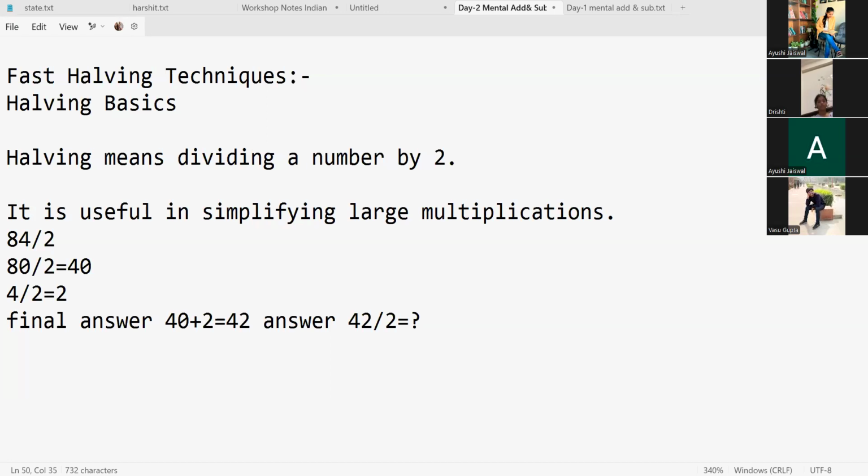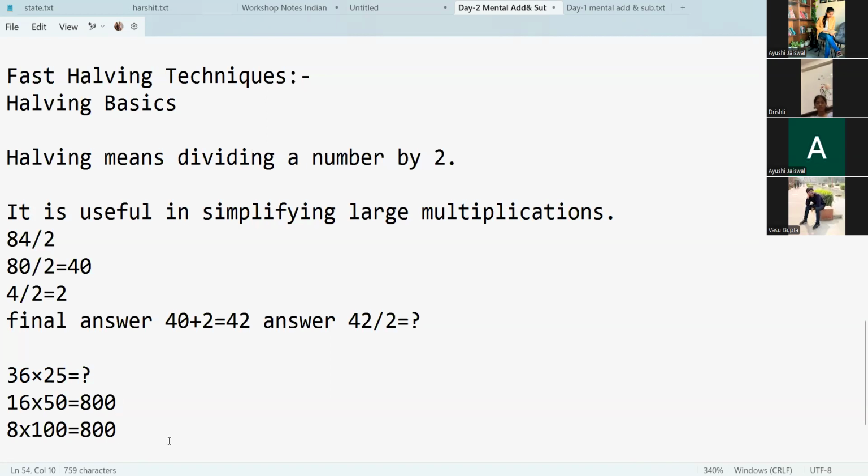For example, 36 multiplied by 25. Half of 36 is 18, multiply by 25 doubled, which is 50, so the answer is 900. And if you want, do it again: 18 halved is 9 and 50 doubled is 100, so the answer will also be 900, right?